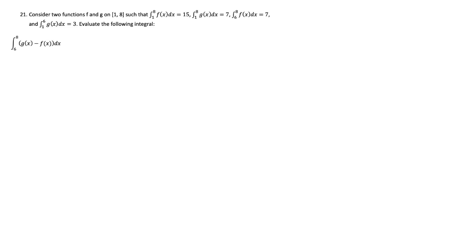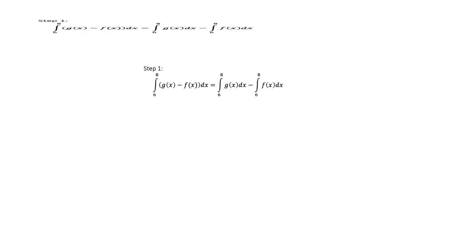We want to know the integral from 6 to 8 of g of x minus f of x. Step 1, we apply properties of integrals: the integral from 6 to 8 of g of x minus the integral from 6 to 8 of f of x.